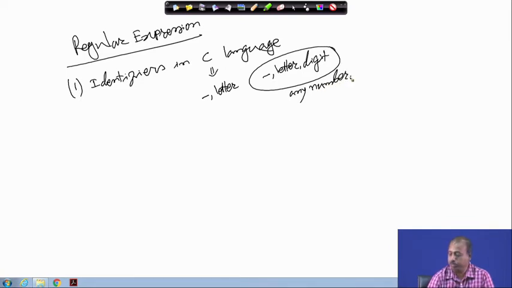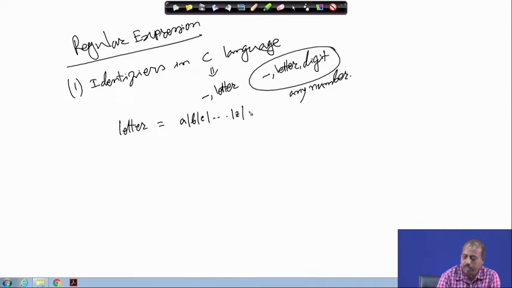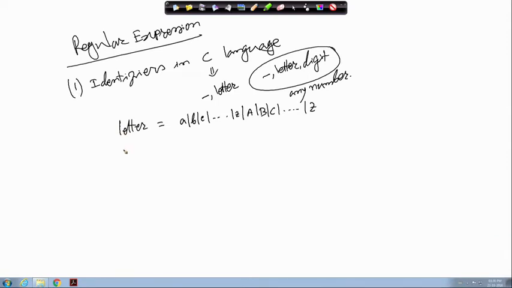If we want to design this, first we have to put some regular definitions. Letter is defined as A, B, C till Z, then capital A, capital B, capital C till capital Z. Then digit is 0, 1, 2 going up to 9.